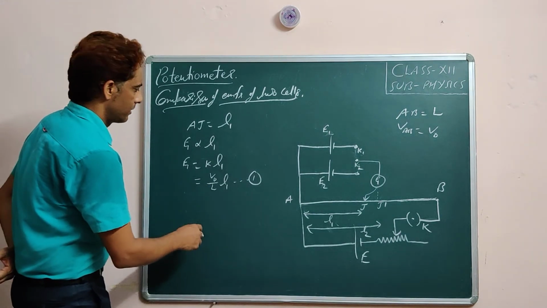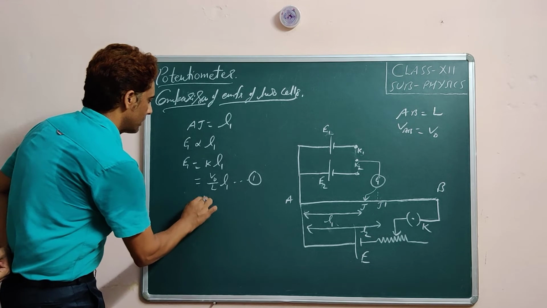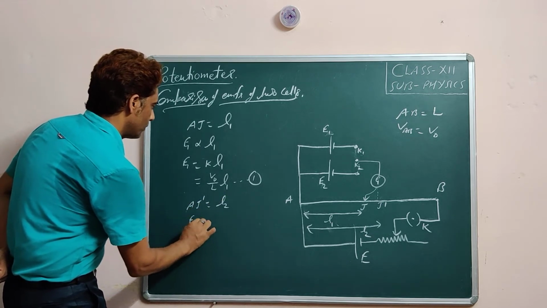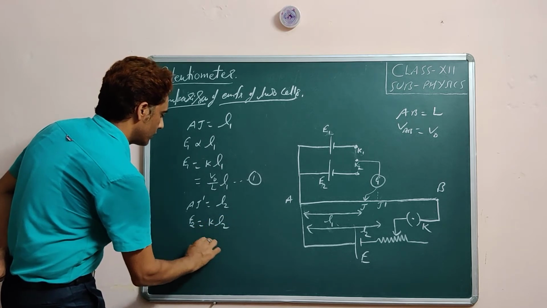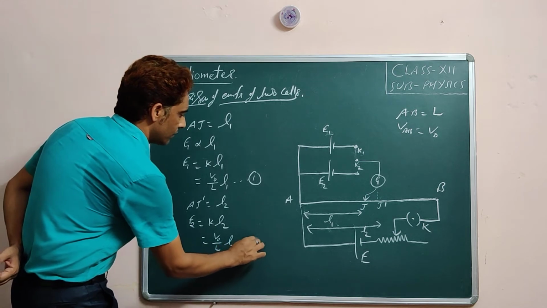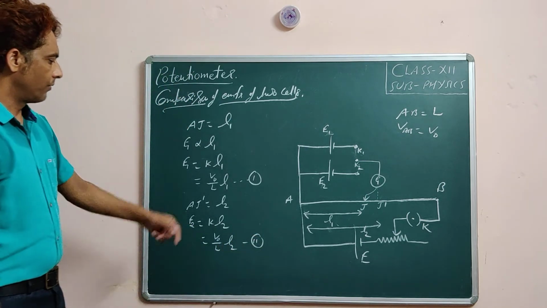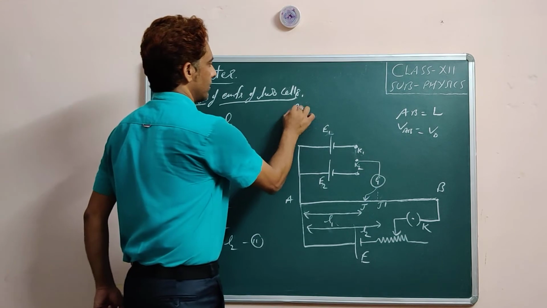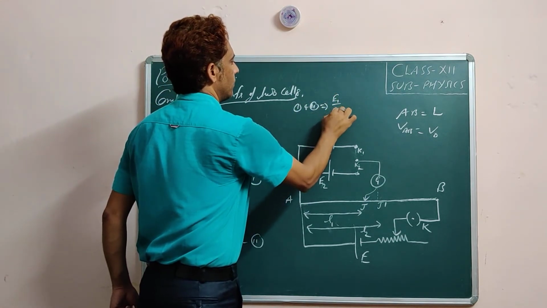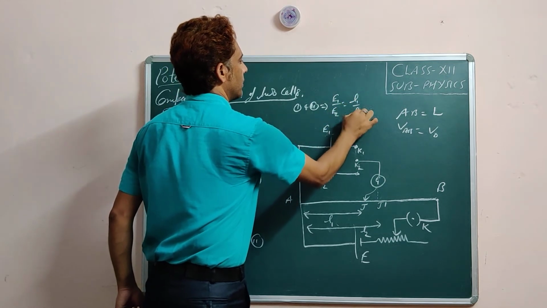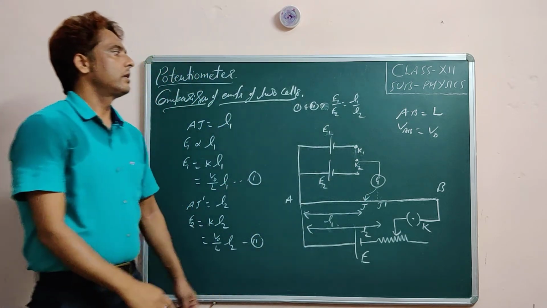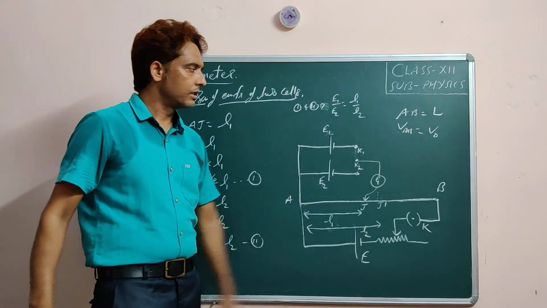So AJ dash is equal to L2. Again E2 is equal to K into L2, that is equal to V naught over L into L2. Let this be number 2. So 1 and 2 imply E1 over E2 is equal to L1 over L2. In this way we can compare the EMF of these two cells.